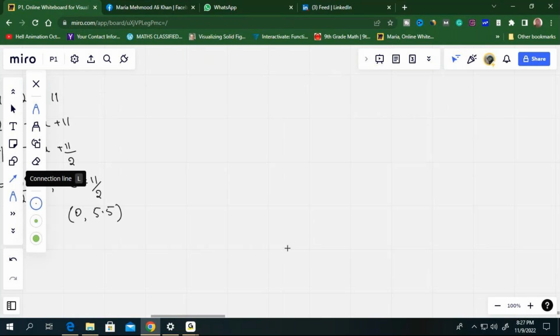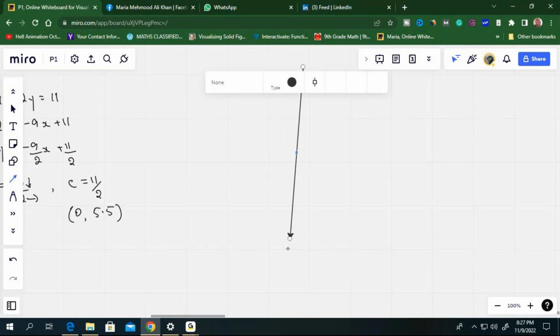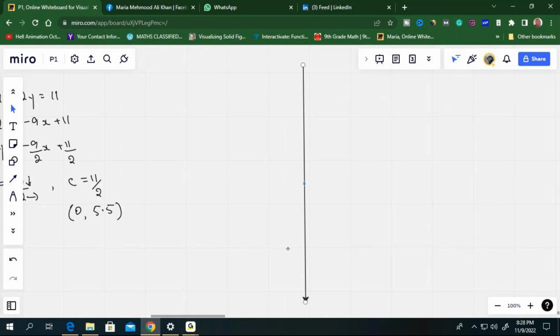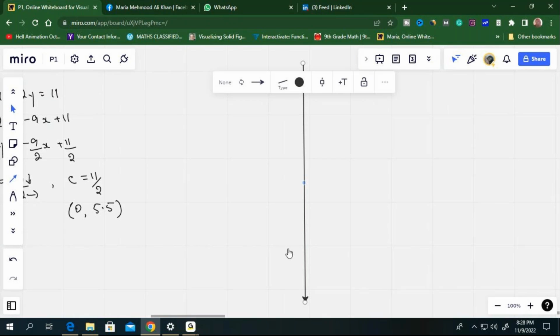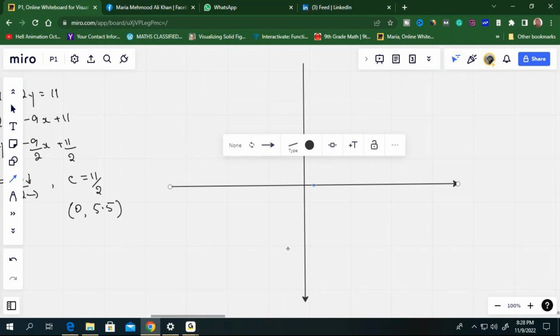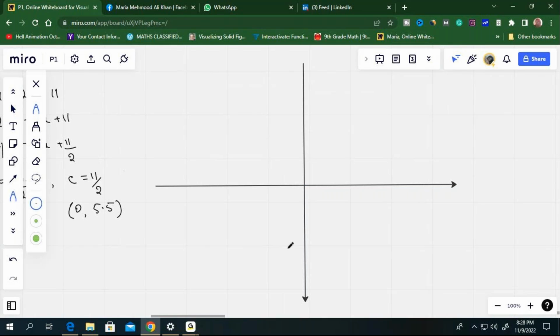So it's going to work. So all the quadrants are having equal space, like this.